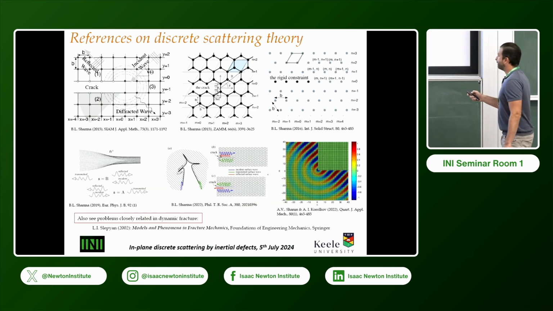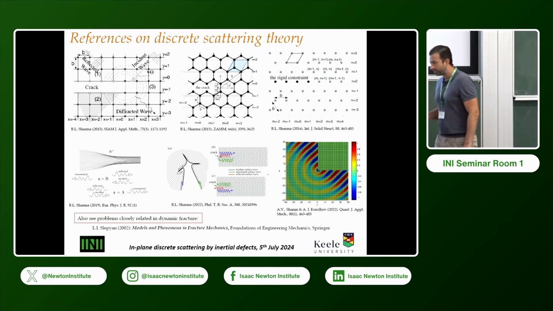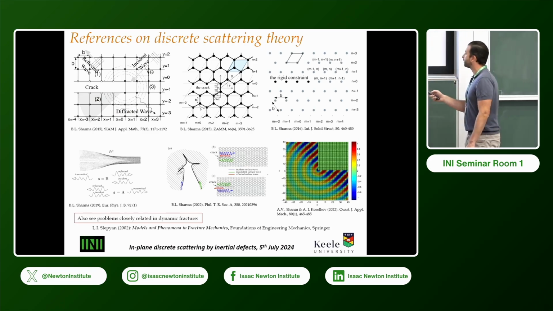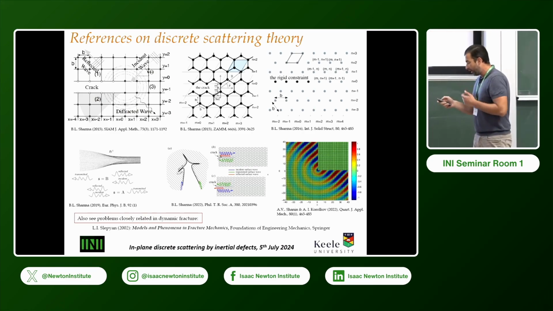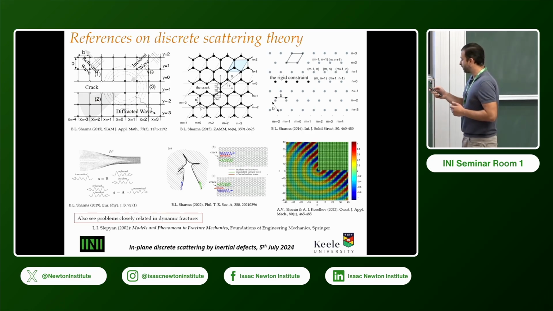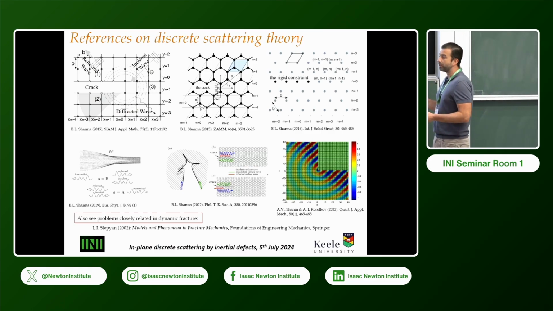Now, what we are actually going to employ is the so-called discrete scattering theory, which you can find in papers going back to 2015, but which was initiated by Prasant Sharma, who studied the discrete analog of the Sommerfeld problem.